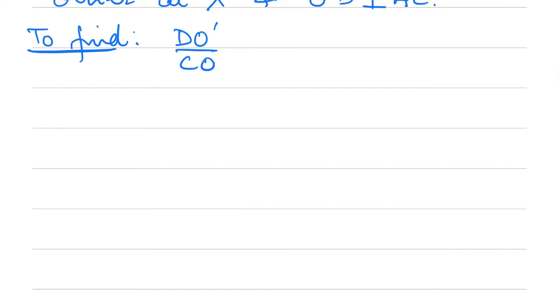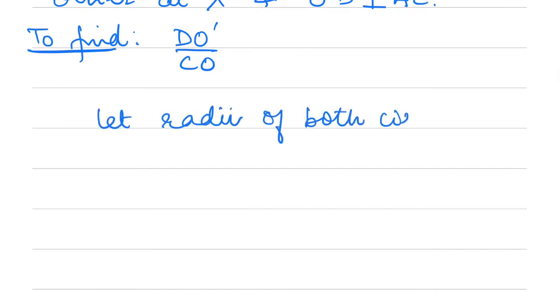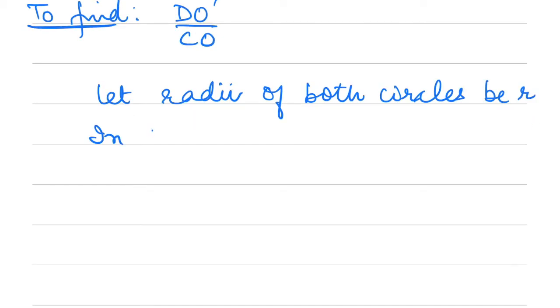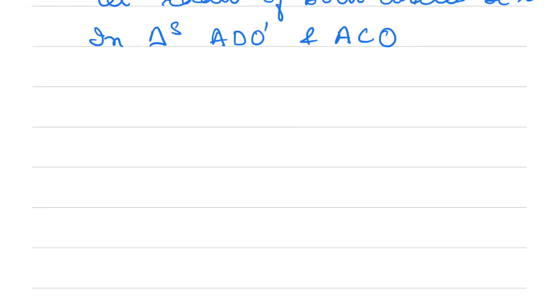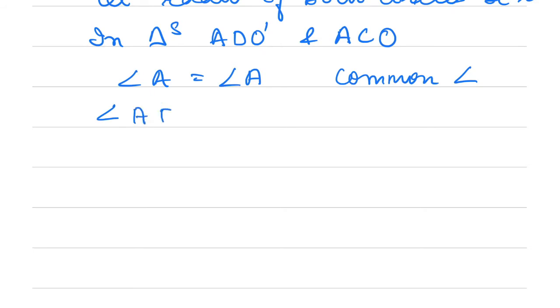Okay, so let's say radii of both circles be R. In triangles ADO dash and ACO, we have angle A is equal to angle A because that's the common angle, and angle ADO dash is equal to angle ACO.